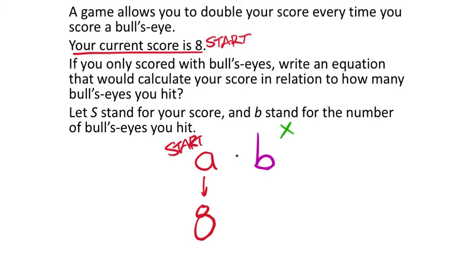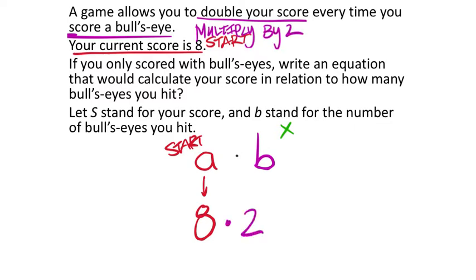Then it says, from this score of 8, a game allows you to double your score every time you score a bullseye. So if I were to hit a bullseye, it would double my score. Double means to multiply by 2. So if I did this once, I'd have 8 times 2 if I hit one bullseye.